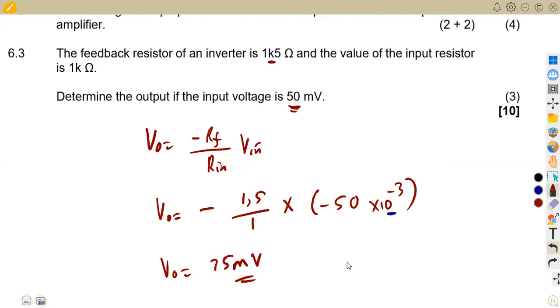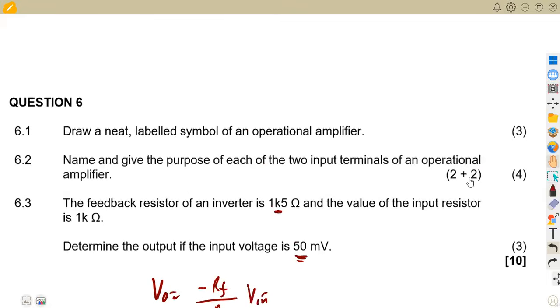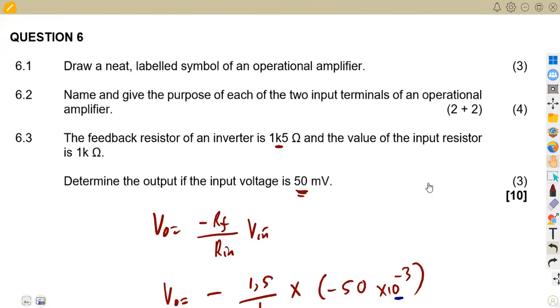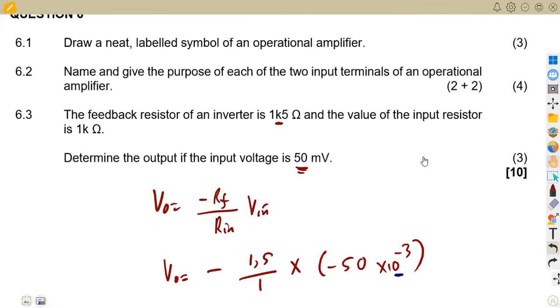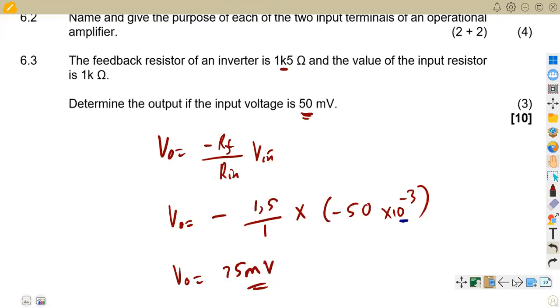So input positive, output positive. But this one, there is going to be a reverse. So I think that's what we had in this case, which was 10 marks for everything, from the August 2022 exams.